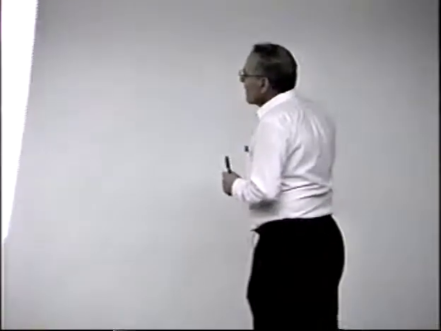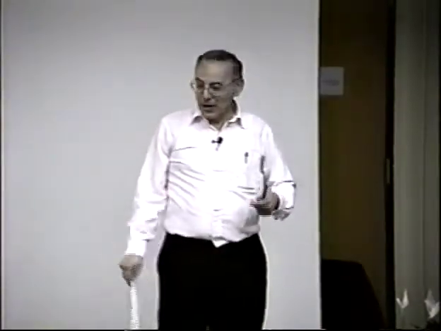So assuming that G is optimal, we make a little variation of G, adding to G something that still maintains these two conditions.